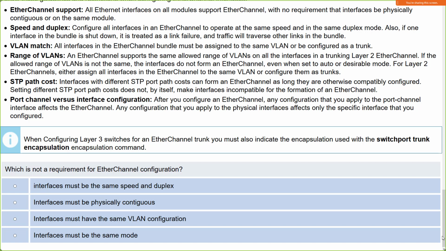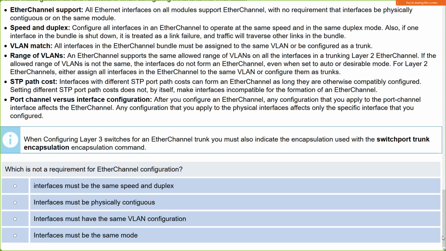If it's all the logical stuff, that would get applied to the port channel and it would automatically get duplicated to the physical ports in the Etherchannel. There are some configurations that you have to do on the physical ports themselves, though. Speed and duplex would be one of those things. All right? But 99% of the time, you're going to be applying your configuration by manipulating the port channel configuration, not the physical link configurations. Okay?